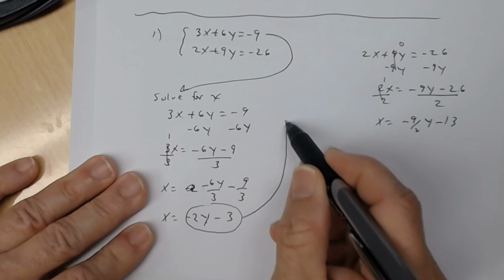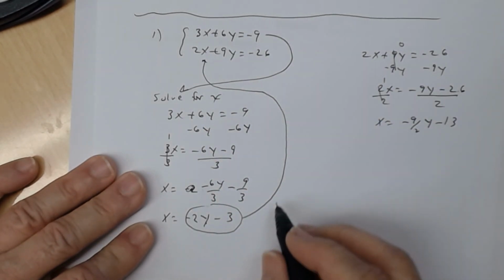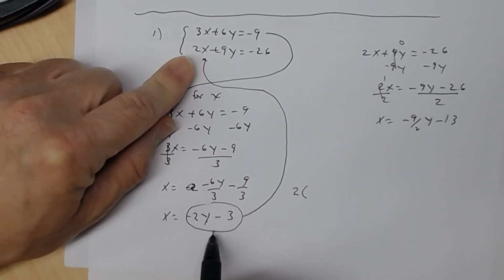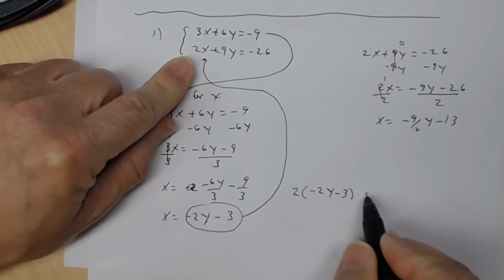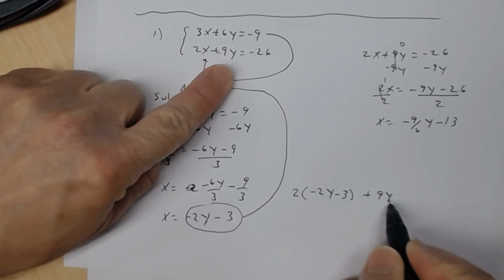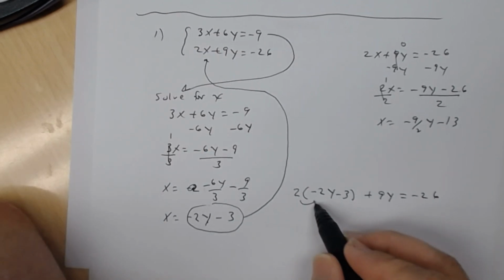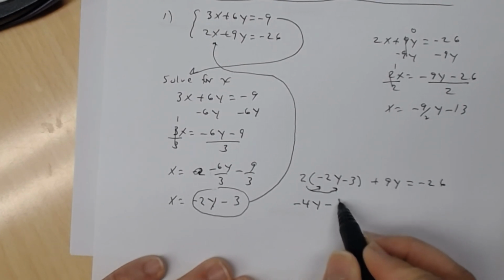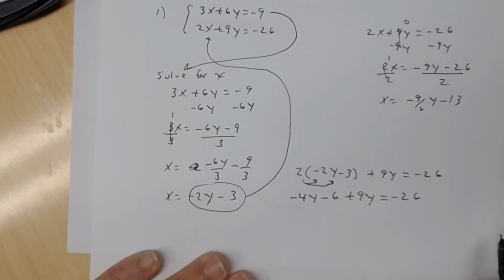Make sure you go back to the other equation, so right here. And so this becomes 2 times x, so this is my expression for x now, negative 2y minus 3, plus 9y equals negative 26. Distributing the 2, I get negative 4y minus 6 plus 9y equals negative 26.